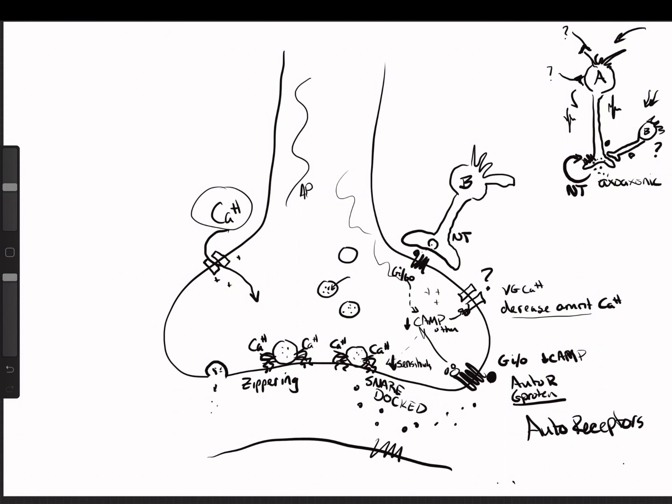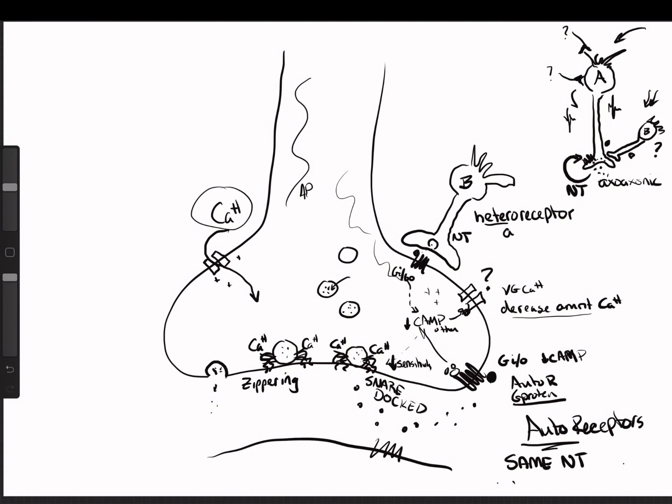So over here we have this axoaxonic, which we also call a heteroreceptor. Hetero means different, and homo means same. So it's a heteroreceptor, and axoaxonic just means where it goes. One of the things to remember is autoreceptors down here have to be the same neurotransmitter that's being released, because it's coming from that specific nerve terminal.